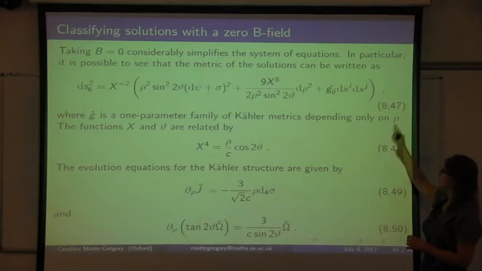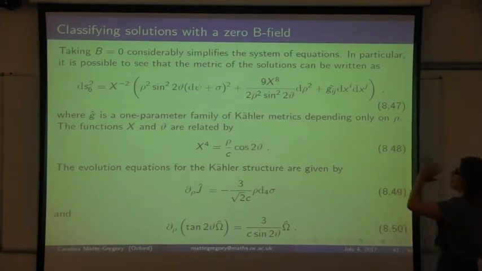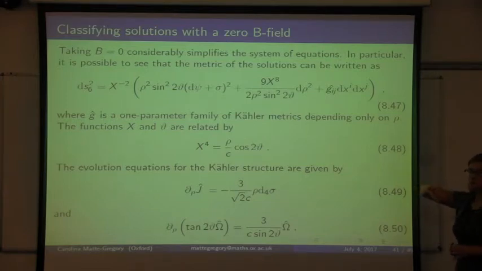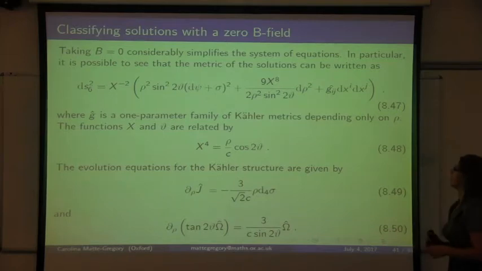In particular, I didn't put many details here, but you can show that if you take B equals 0, those equations will really simplify. And then you can show that whatever solution you get from these equations will always give you a metric of this particular form.